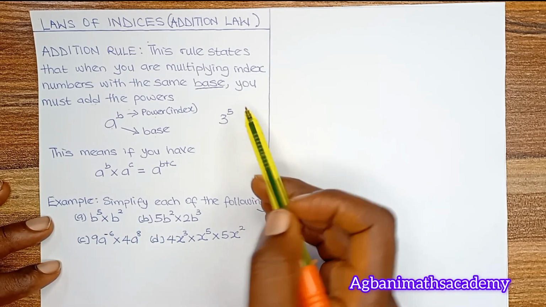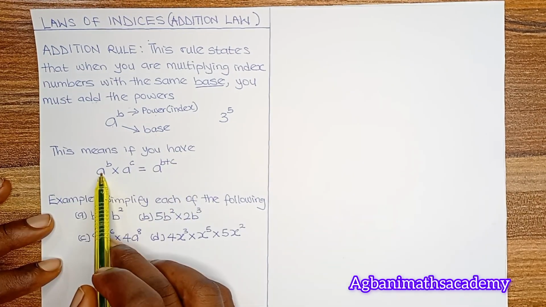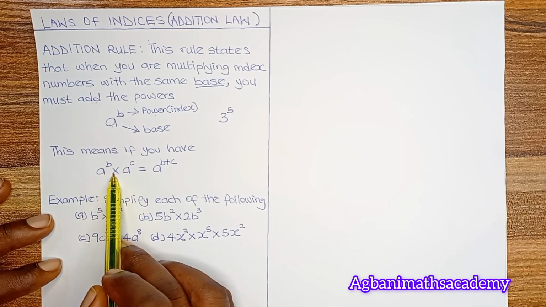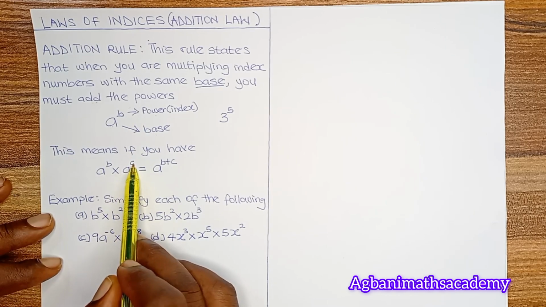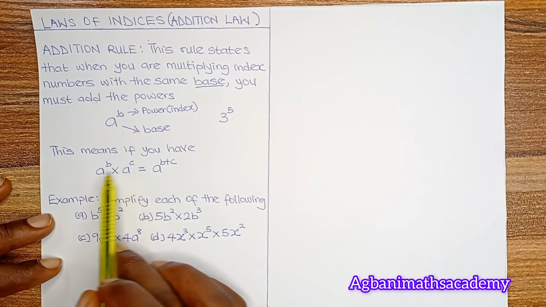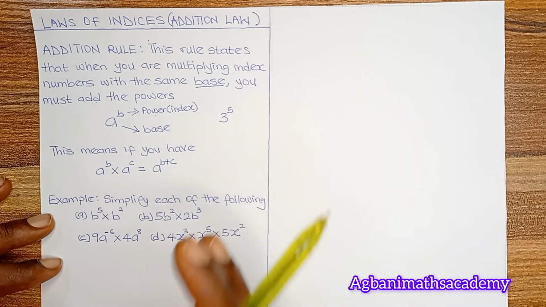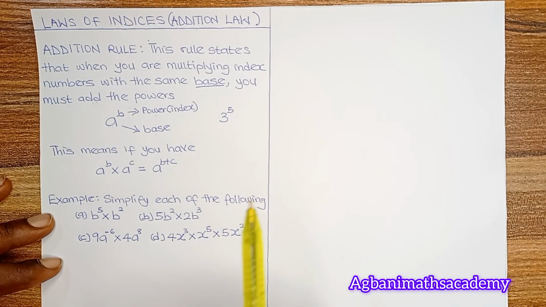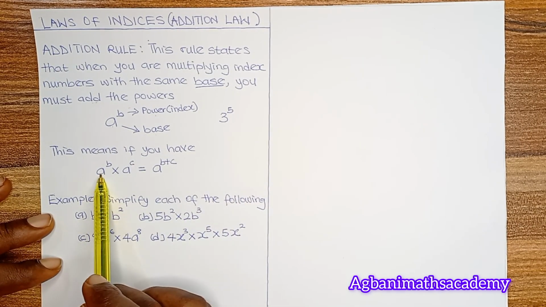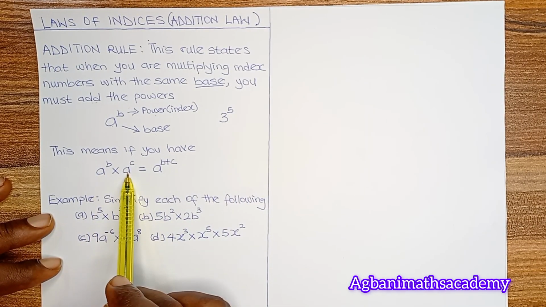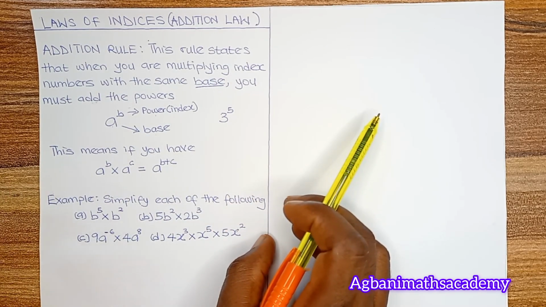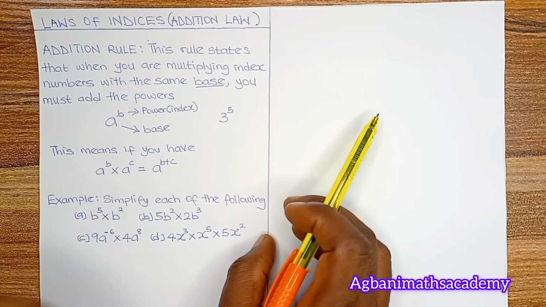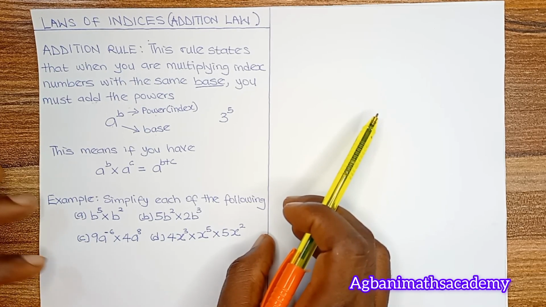So this means if you have A to the power of B multiplied by A to the power of C, we have two values in index form multiplying each other. Now the first thing we look at is the base. The base here is A, the base here is A. This means we can apply the addition law, which states that when you are multiplying two index numbers with the same base, you add the powers.